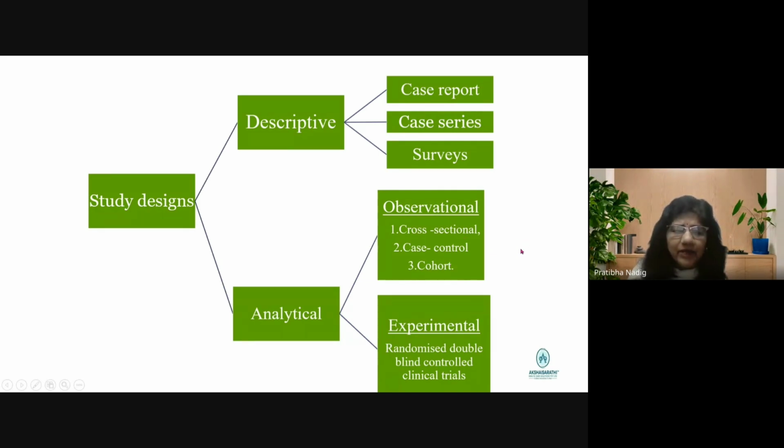Case control also can be done as a retrospective study, but generally the ICMR or others' acceptance is good for students for cross-sectional. That is a one-time study. Case control is where you have a condition and then you understand the risk factors for that condition. Let's say complications, a person with complication of diabetes. You see what contributed, age or duration of diabetes, something like that.